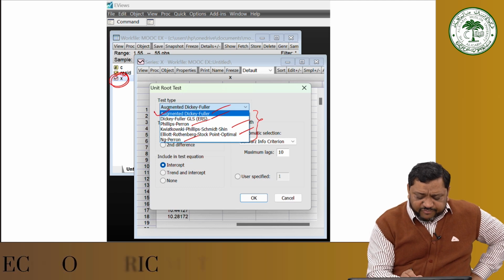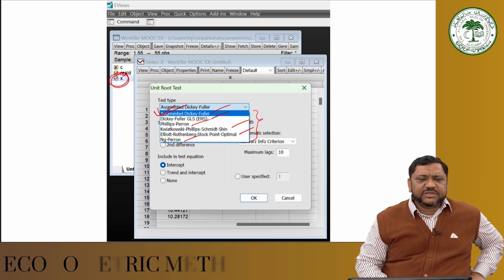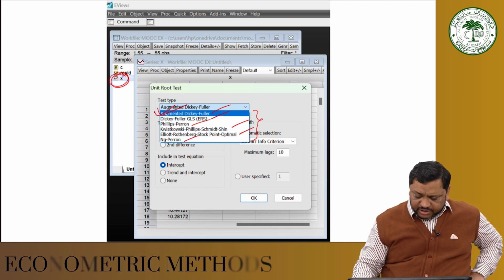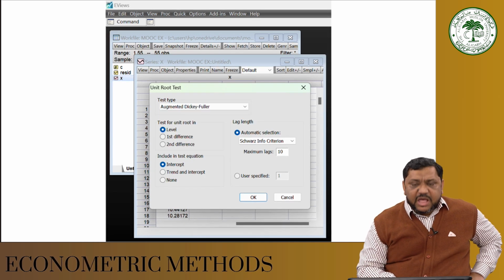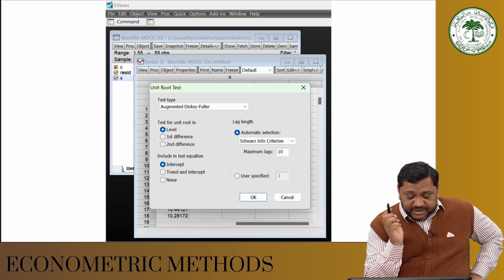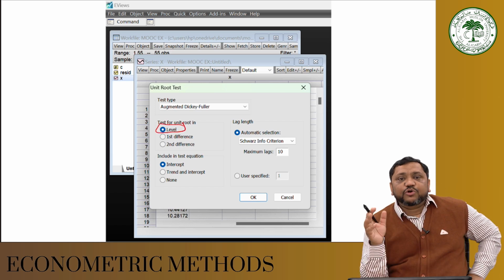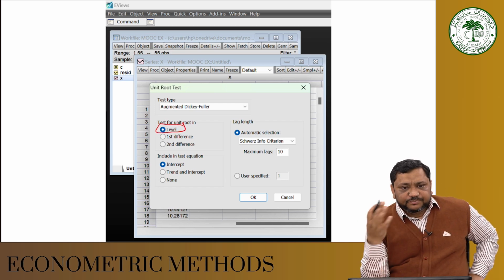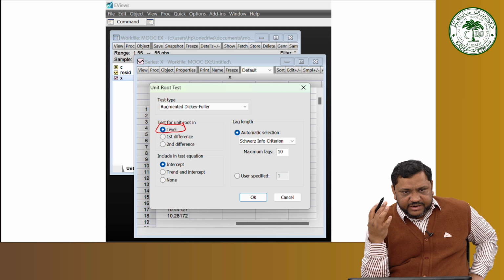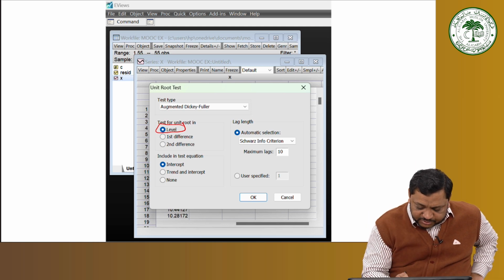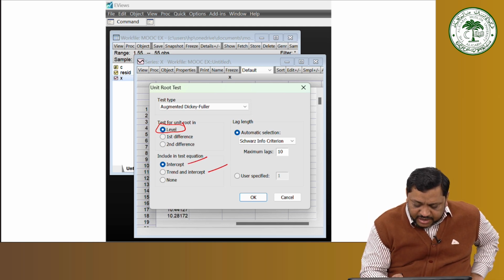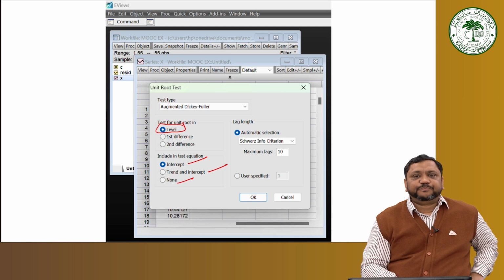At the moment we will just learn the basic process, that is, we select the augmented Dickey-Fuller. Then, at level, meaning without doing any differencing of the data, you have three options: intercept, trend and intercept, and none.